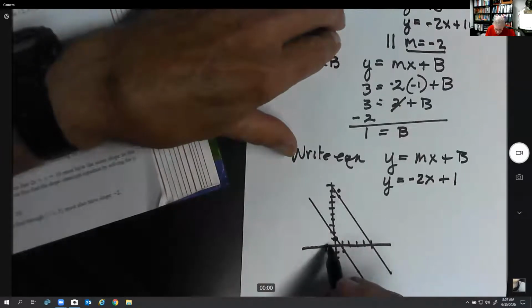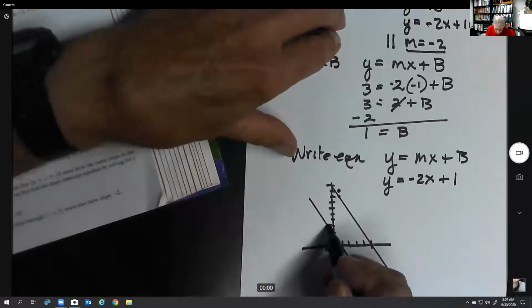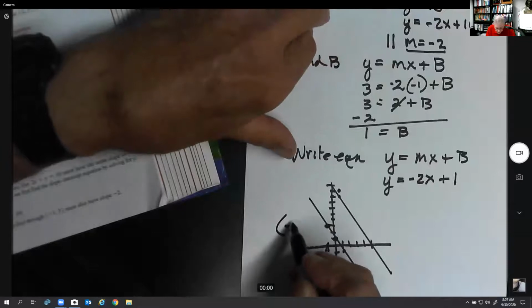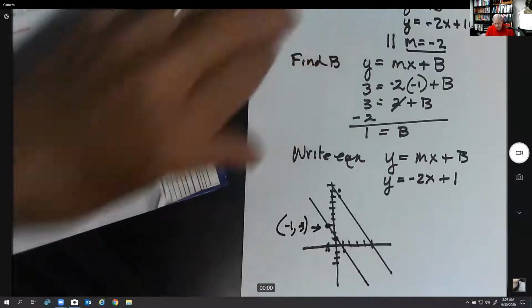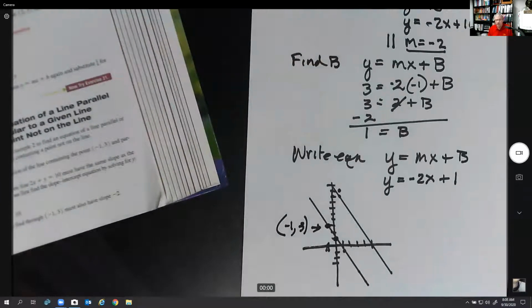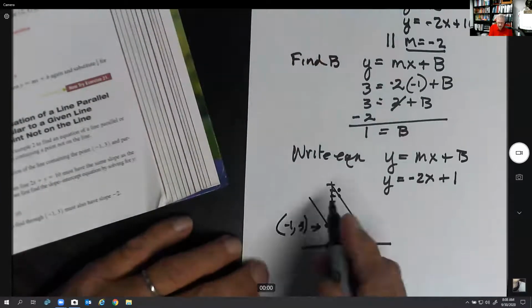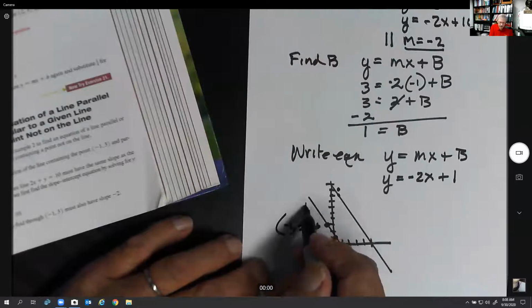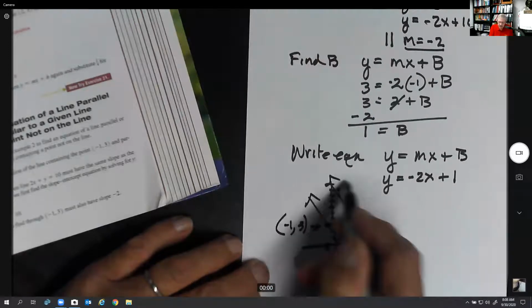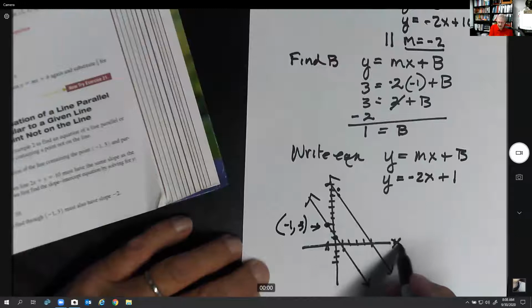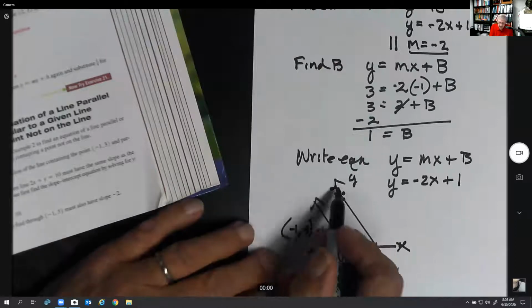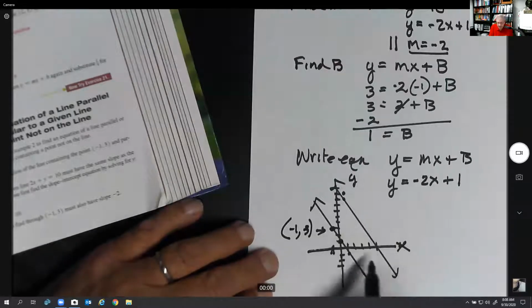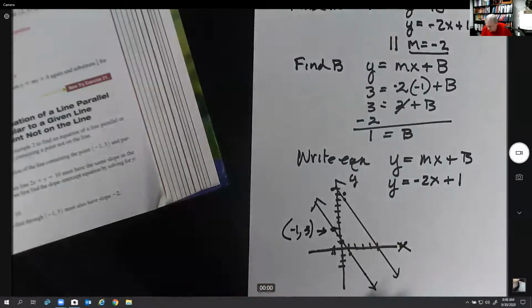And does it look like it would go through -1, 3 right here? Yeah, looks like it probably would go through that point. It's kind of a rough sketch, but let's label these x and y. Okay, so we can see it is parallel to the given equation right here, and we've solved it.